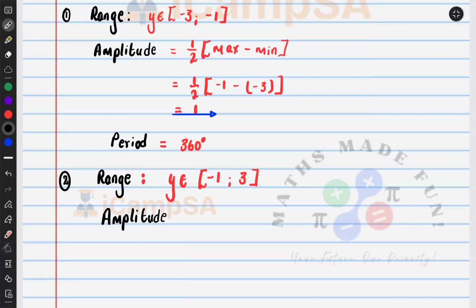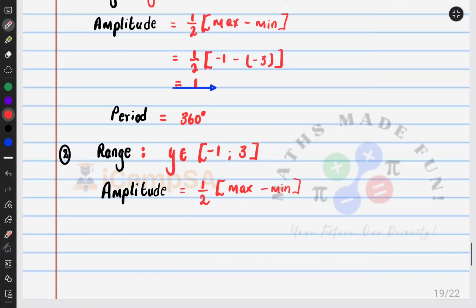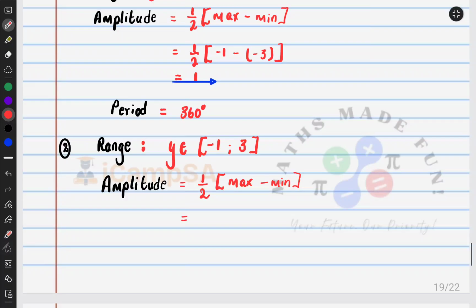Amplitude, we use the formula 1/2 into maximum value minus minimum value. This is going to be 1/2 into 3 minus -1.